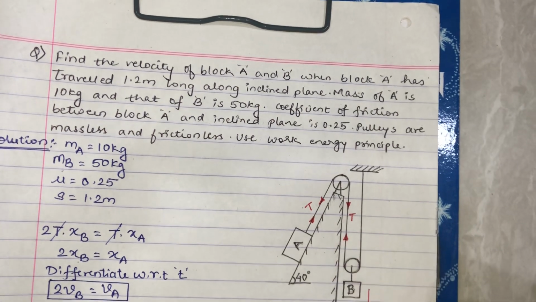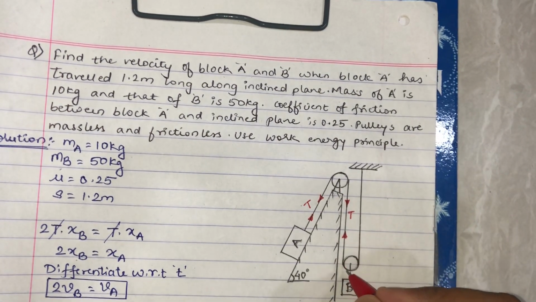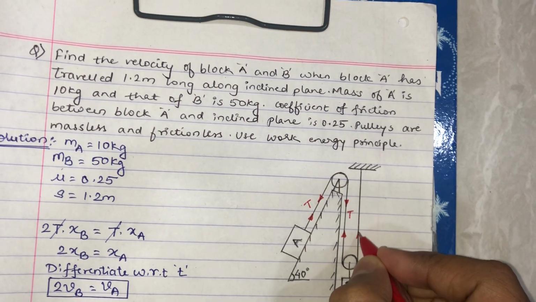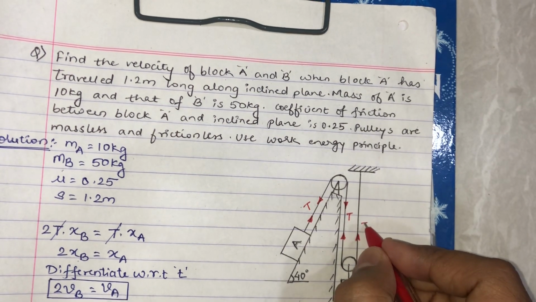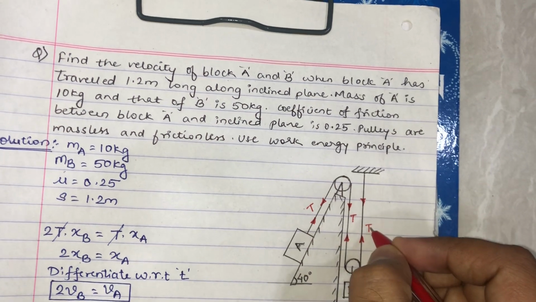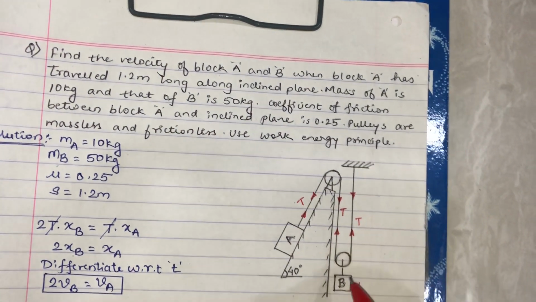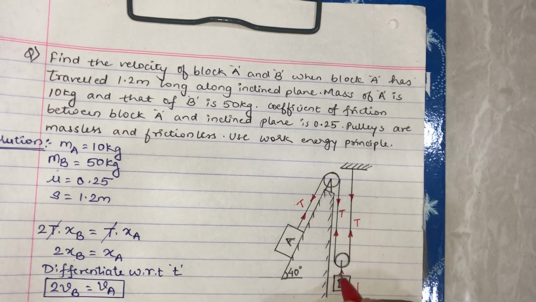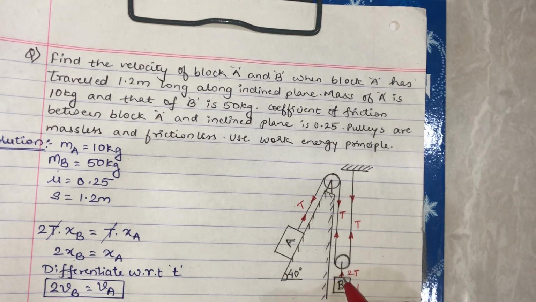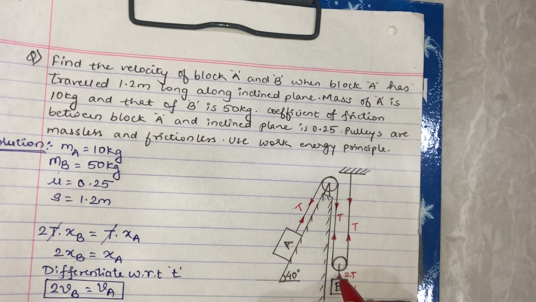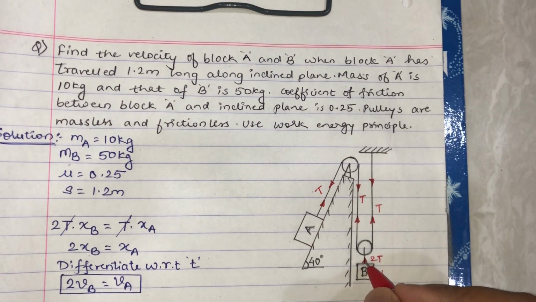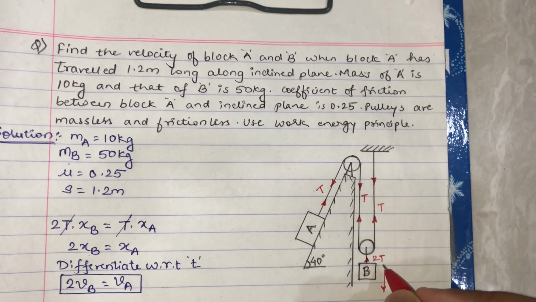In a similar way, the cord, the rope, continues. So here away from this pulley is T, and away from this support will be the same value. These two T will be acting here away from the block, 2T. Similarly, away from the pulley will also be 2T. I'm just not drawing it here because there is not much space. So away from the pulley 2T, away from the block 2T.